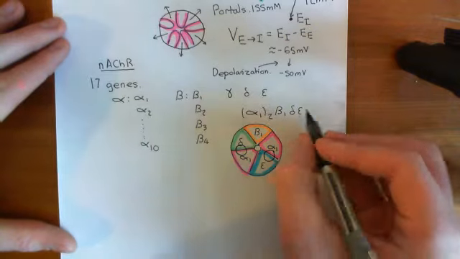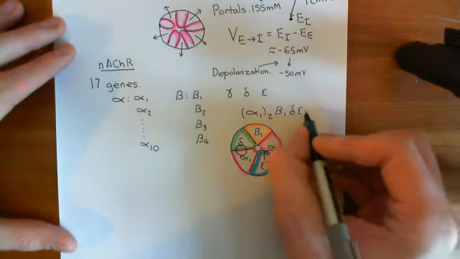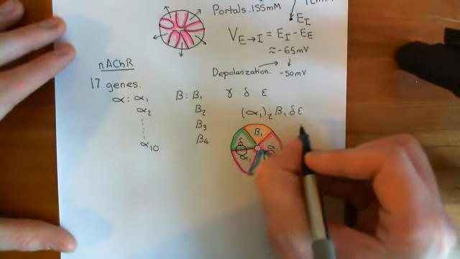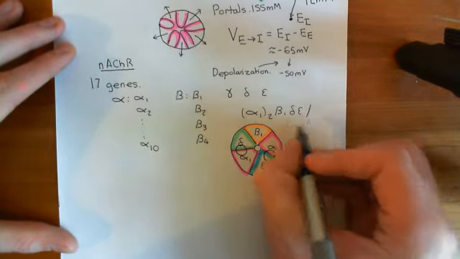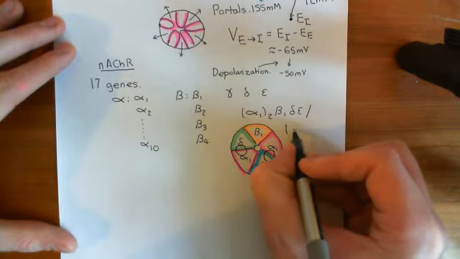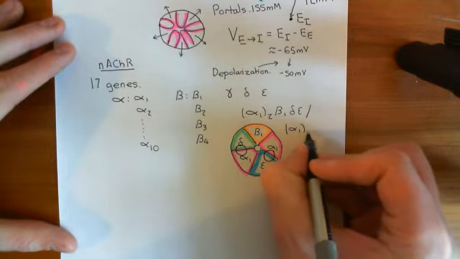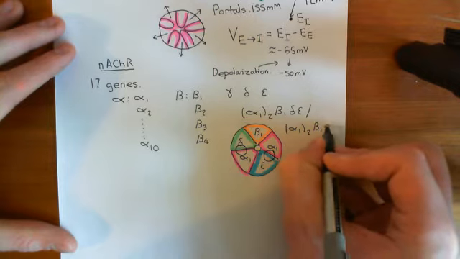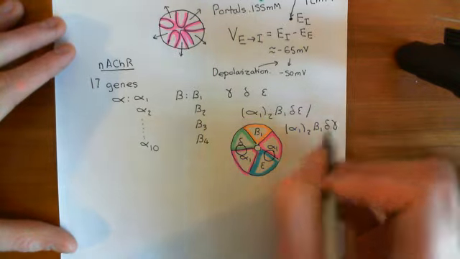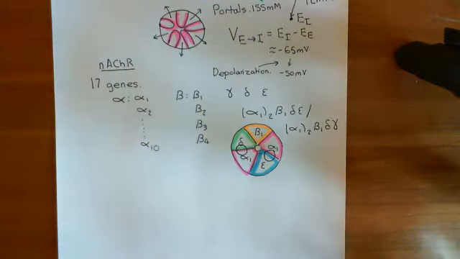I would also just like to note that this is the adult form of the neuromuscular junction nicotinic acetylcholine receptor. There is also a fetal form which has a slightly different subunit composition. The fetal form is the alpha-1,2 beta-1 delta gamma nicotinic acetylcholine receptor.